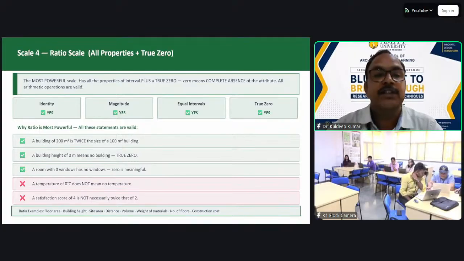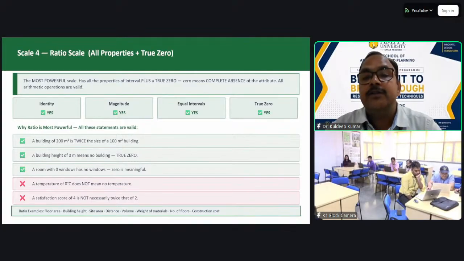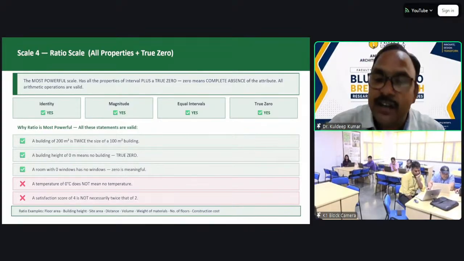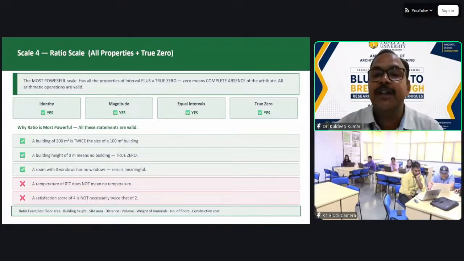So this is a valid comparison, right? A building height of 0 meters means no building. So now the true 0 is there. Here 0 is meaningful. If somebody says the building height is 0, that means there is no building at all. The room has 0 windows, that means no windows. So the absence of windows is real in this case.